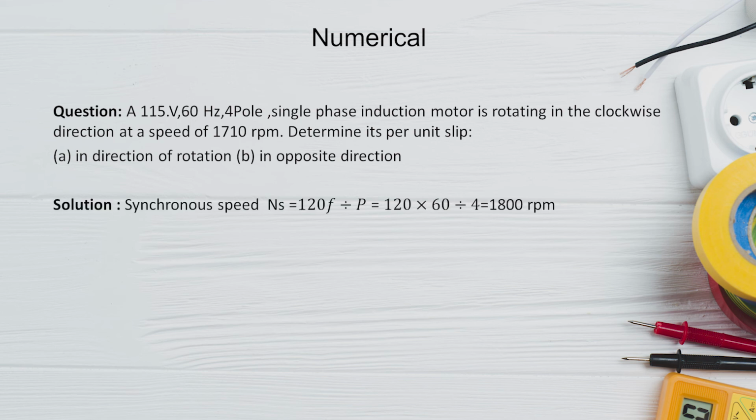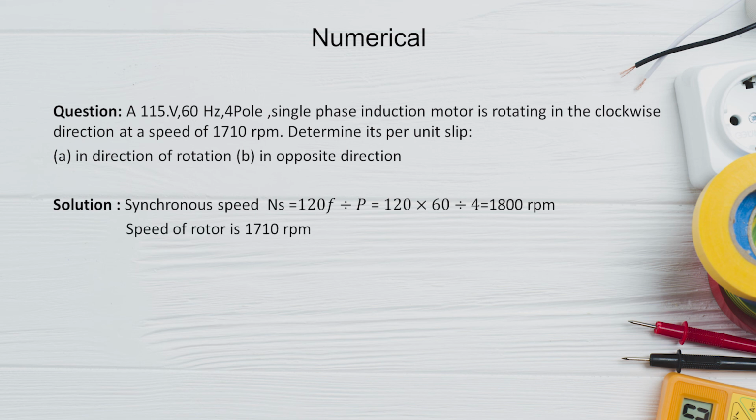Now, because it is an induction motor, the first step is to calculate the synchronous speed, and you all know the formula: Ns equals 120 into frequency divided by number of poles. The frequency given here is 60 hertz and the number of poles is 4, so it comes out to be 1800 rpm.